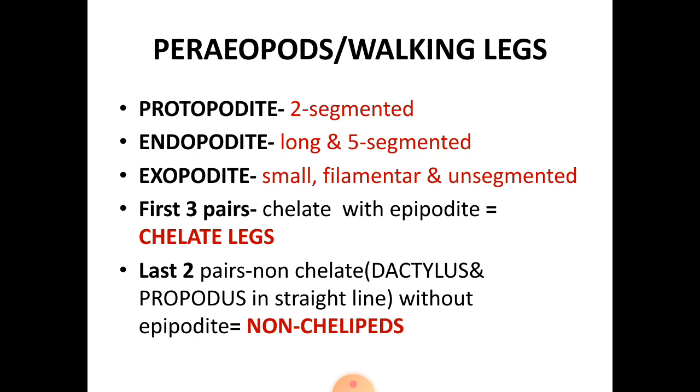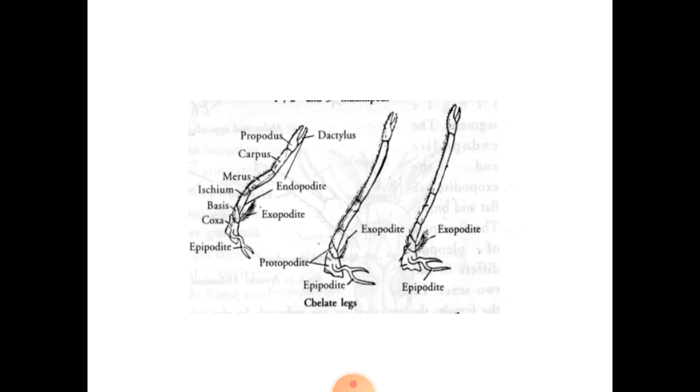The first three pairs of legs are known as chelate legs because they contain chelae with epipodite, and the last two pairs are non-chelate. Here the dactylus and propodus, the last two segments, are in a straight line, and it is without epipodite, so they are known as non-chelipeds. This is the structure of chelate legs.